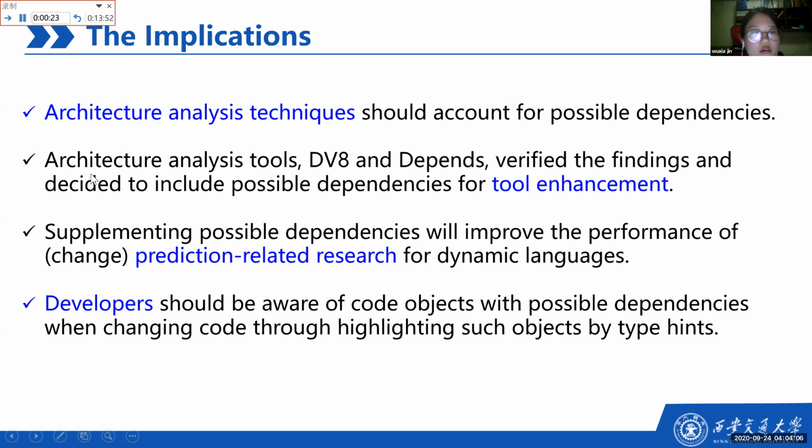Second, even though type inference techniques have been widely studied, we have checked architecture analysis tools such as Understand and Depends. They have not considered possible dependencies for architecture analysis.